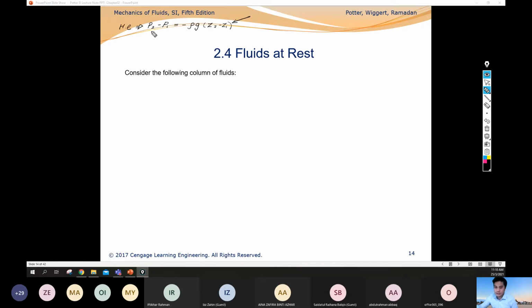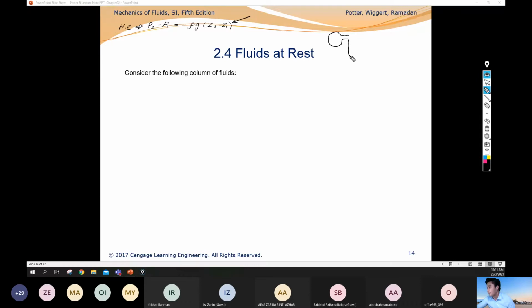Alright, so P2 is the final point of pressure, and P1 is the initial point of pressure. So Z2 will be the same with this one. The first term, this is the first term. Alright, so just imagine this is just a simplification of manometer. I believe this is the manometer.